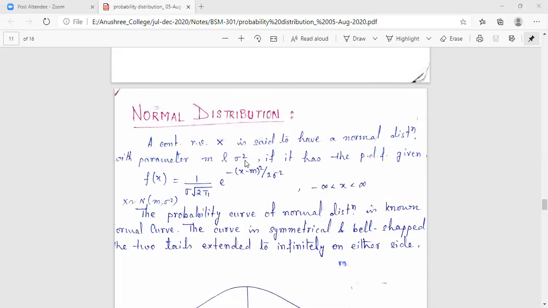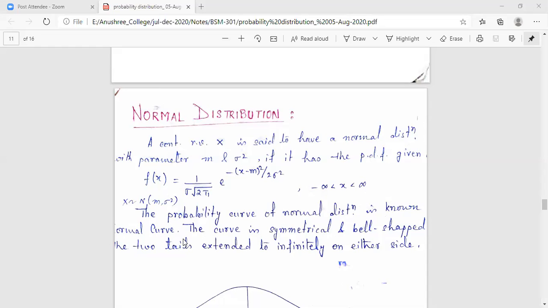Next we are going to deal with the standard normal. Each and every problem in the normal distribution, we need to transform into its standard normal form. How we get that standard normal form, we will learn next. Before that, the probability curve of the normal distribution is known as the normal curve.